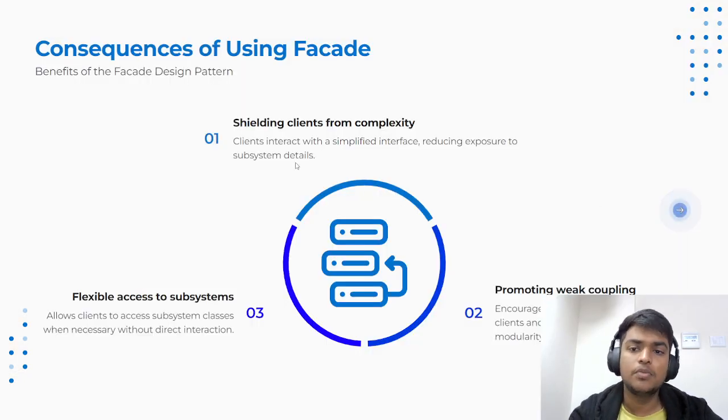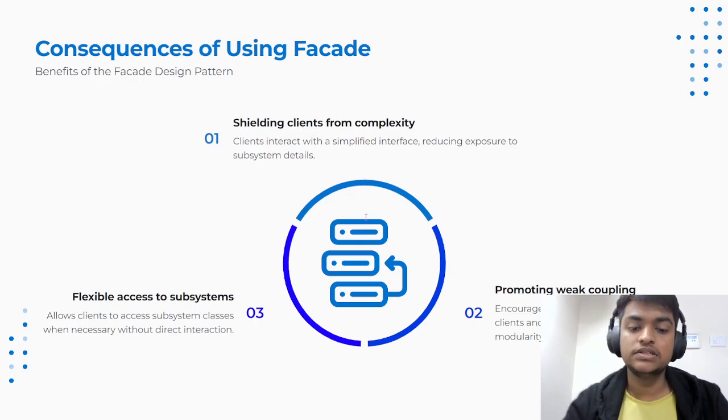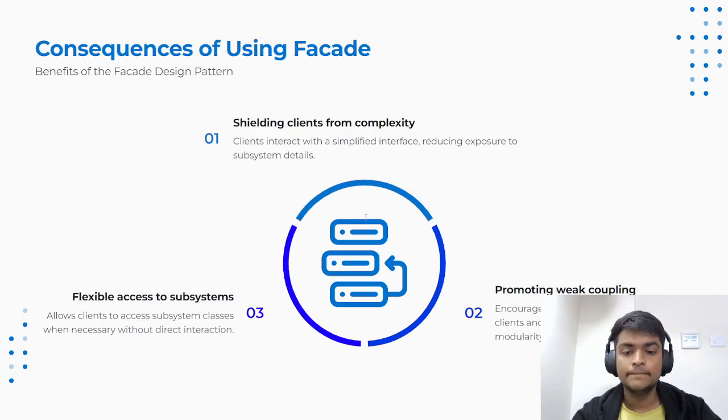So now we will talk about the consequences in facade pattern and the challenges in implementation. While the facade pattern offers many benefits, there are also many challenges to consider during implementation.